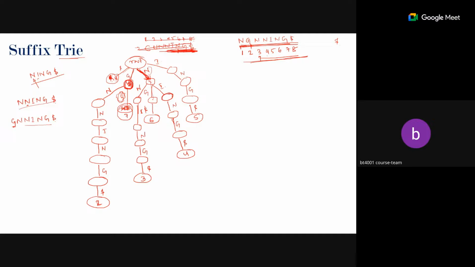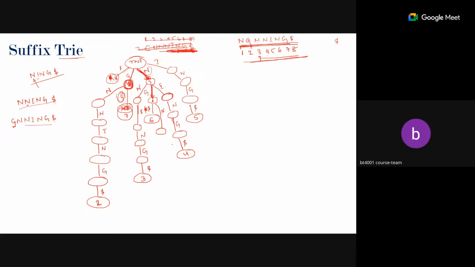Then we have G, so now we look for G among its children, and we have an edge for the character G. So we will traverse along this edge and we will reach this particular node. Now we were going to look for N among its children, but this node only has the character dollar. N is not there, so we will add an edge over here for the character N, and this is a new node.